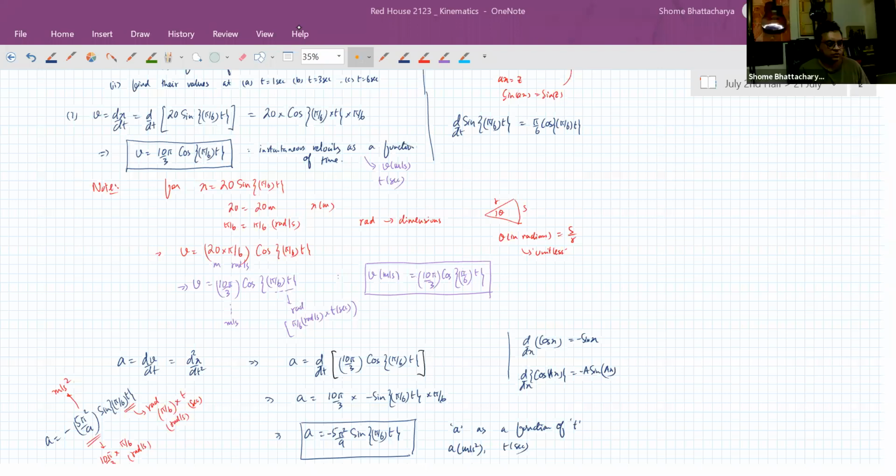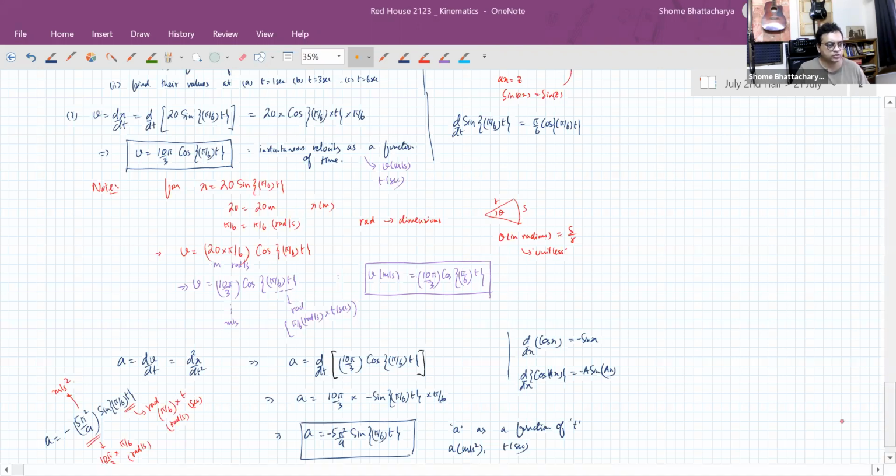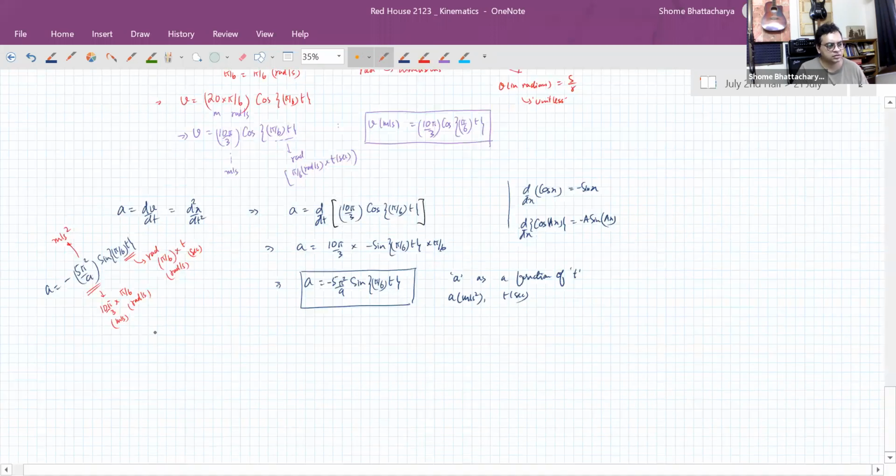Okay, people. So hope all of you are getting the answers now. We have to calculate these two quantities at 1, 3, and 6 seconds. So let's look at that calculation next. At t equal to 1 second, v will become 10 pi by 3 cos pi by 6, and cos pi by 6 is root 3 by 2.